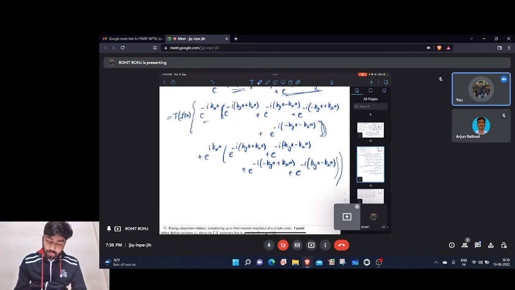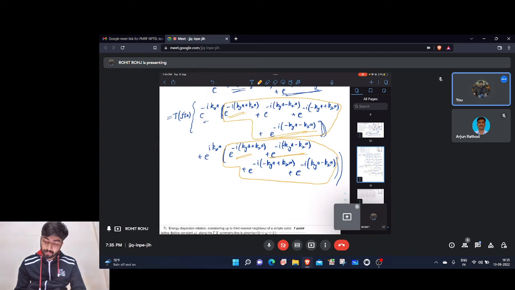Now if you note carefully, this bigger bracket and these two brackets are in fact equal, because you can see the first term is here, the last term is here, the ky minus kz term is here, and the minus of ky plus kz term is here.